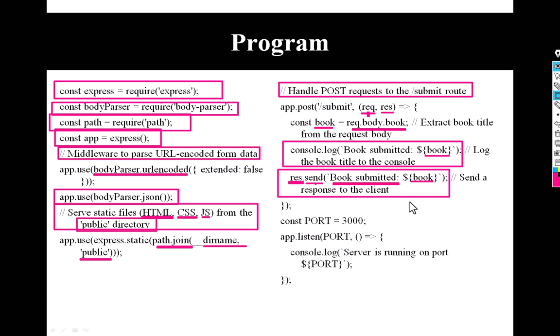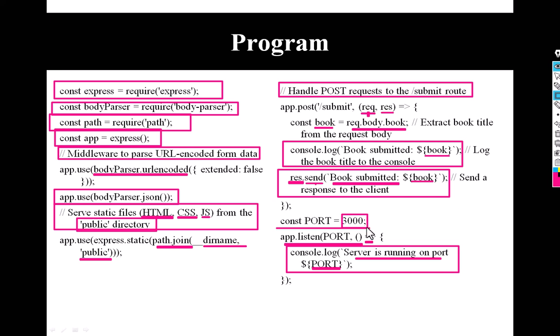Next you are using constant port 3000 and app.listen. Here you are using an arrow function and you are going to display a message, console.log, server is running on the particular port number. Port number is 3000. This is the message it is going to send.